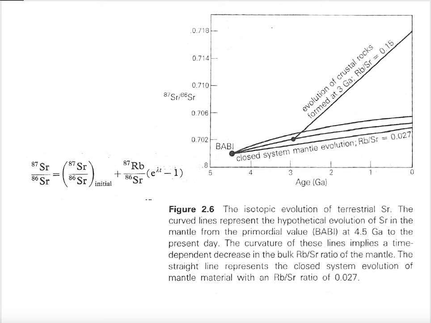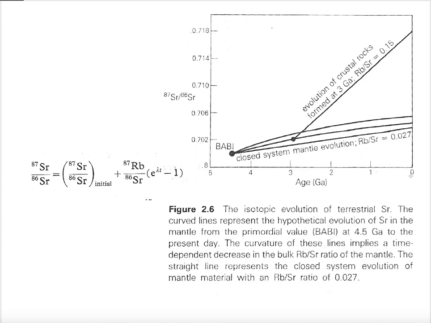That is the point here, this dark point, which is called the BABI. That is the primordial value at 4.5 billion years ago, to the present day, and the present day is here, yeah? Where is the present day? The present day is here at 0. There is the present day.